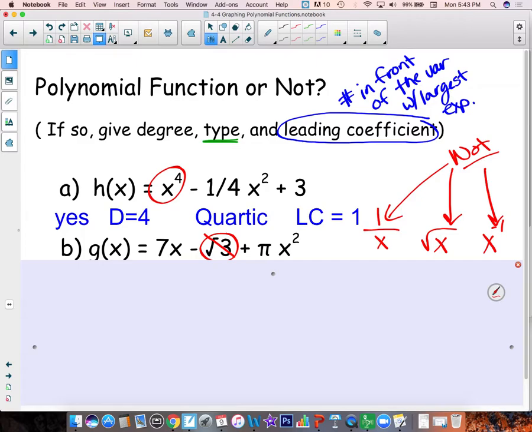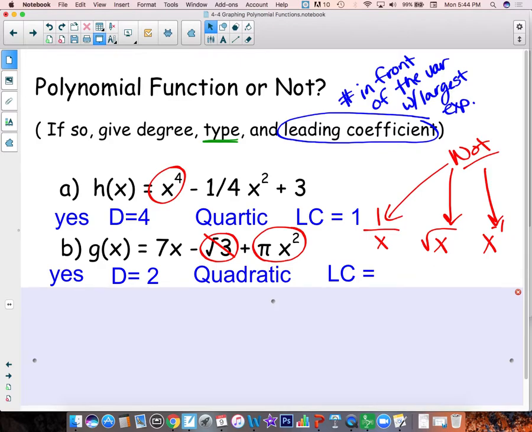We don't care about that. The only thing I'm looking for here is that right there. You might think that it's not because there's pi, but it is because pi is just a constant. So this is a polynomial, second degree, so it's a quadratic. Leading coefficient is pi.